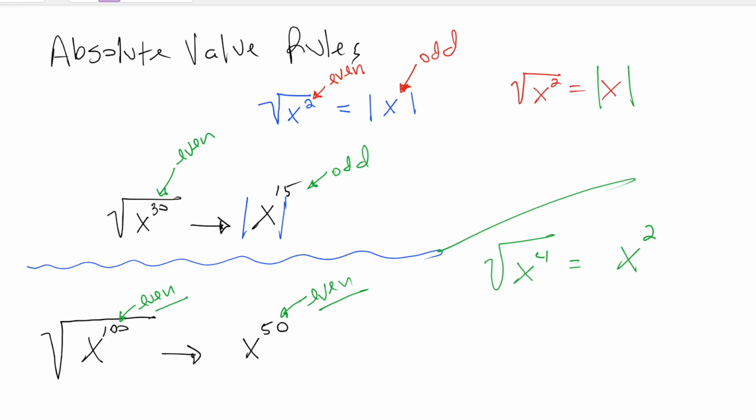Well, let's say x is -1. When you square it, what does it become? Let's say x is -3. So even powers, do they always turn things positive or negative?